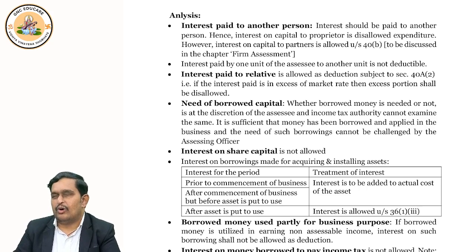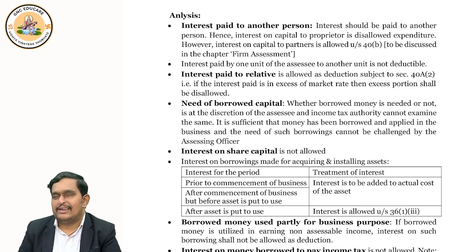Okay, so it is all notional income. It is not real income. If you take money from your one pocket and put that money into another pocket, is it income? So for the organization, from one department to another department is like putting the money from one pocket to another.